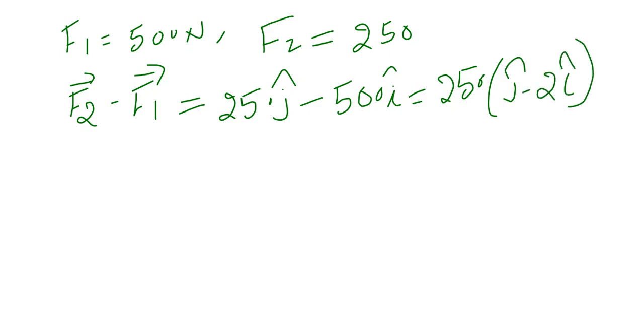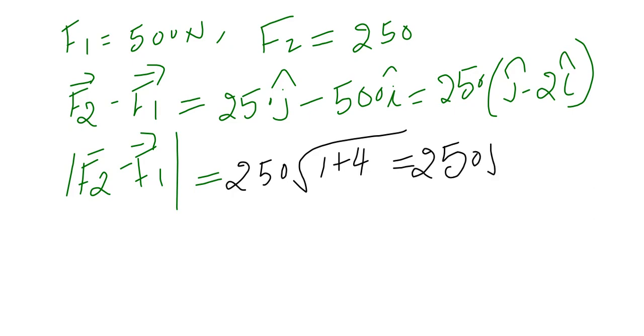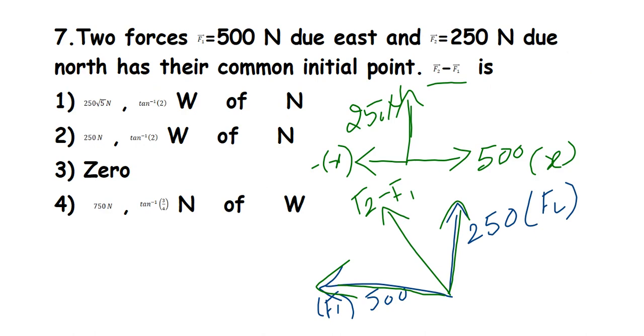So modulus of F2 minus F1 bar is 250 into root over of 1 plus 4, that is 250 root 5 newtons.